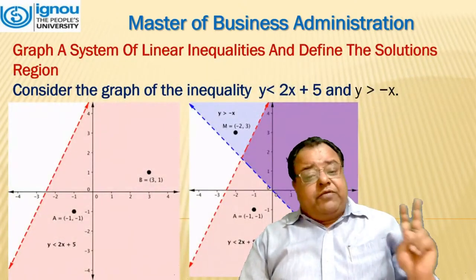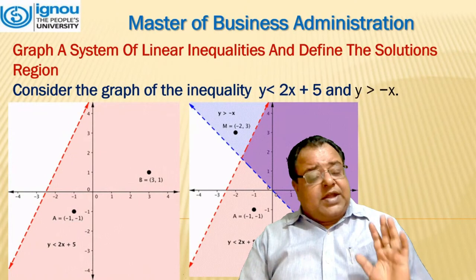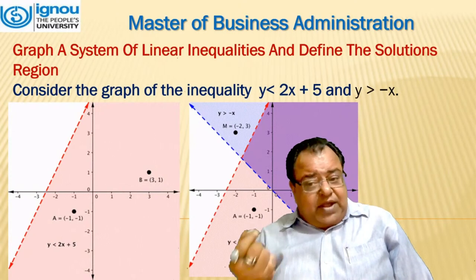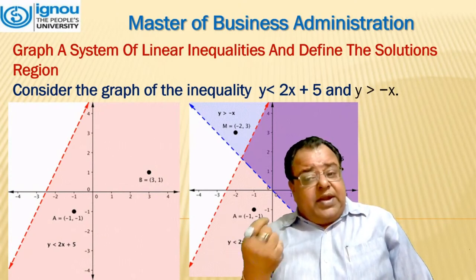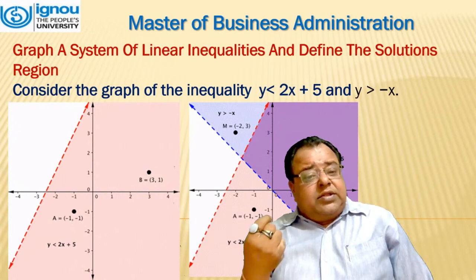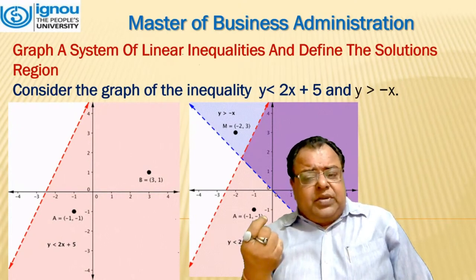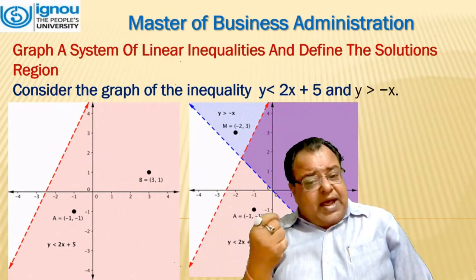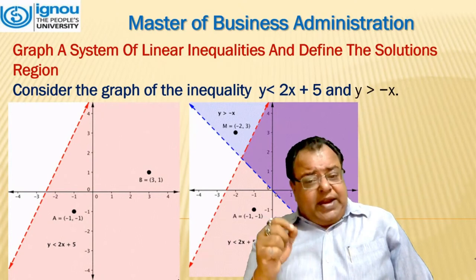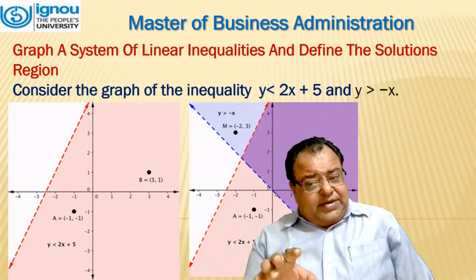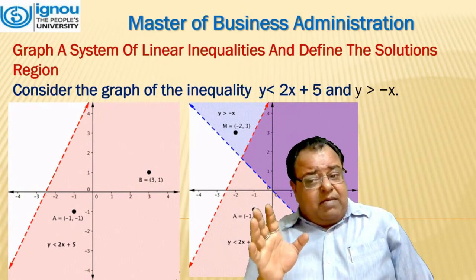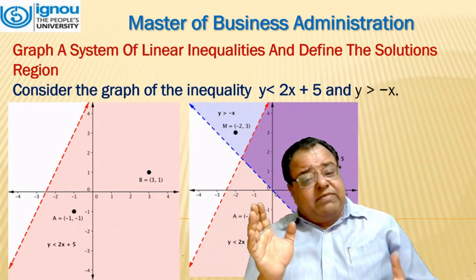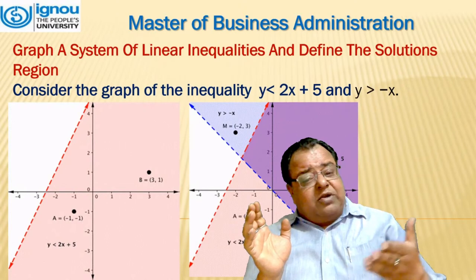Now, if two inequations are taken simultaneously, one is y is less than 2x plus 5 and the other one is y greater than minus x, we can remember that y equal to x or y equal to minus x is a line which is equally inclined on the axes. Since in our problem it is y greater than minus x, it will be a line which is inclined towards the left side.